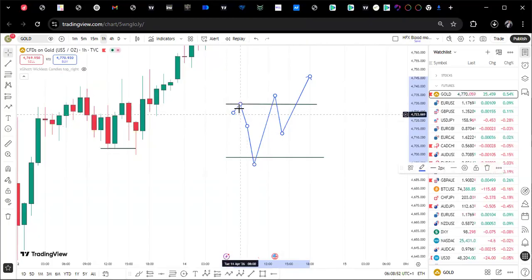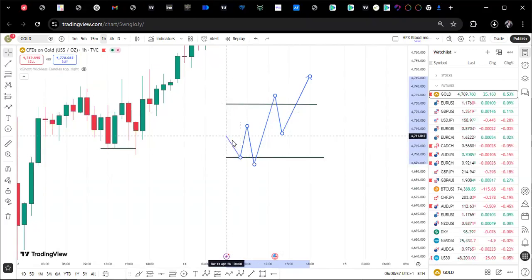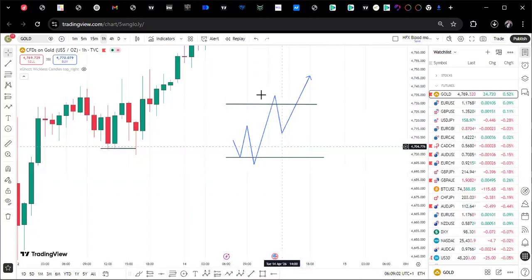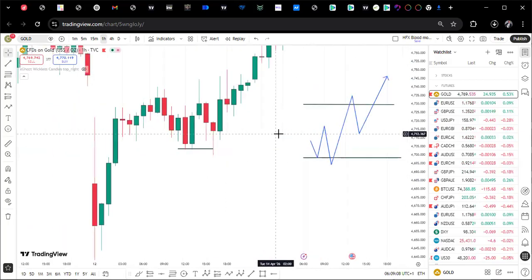So something like this. If the low is taken out first, boom, the market takes out the high, comes back. You can go through so many charts like this, right? So let's check, for instance.